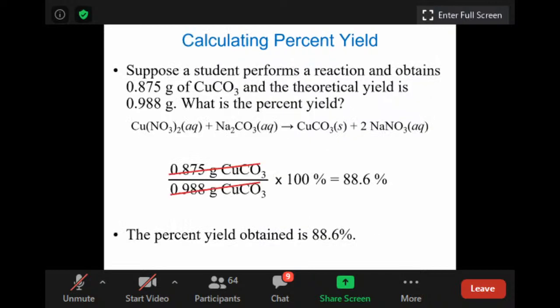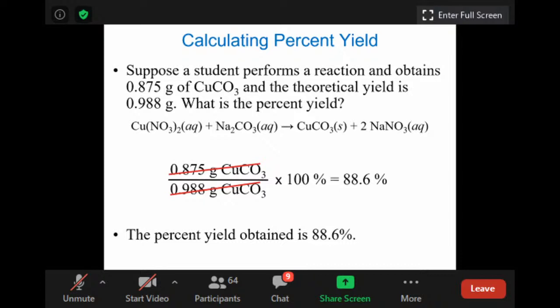All right. So here we go. Suppose a student performs a reaction like you and obtains 0.875 grams of copper carbonate. And the theoretical yield is 0.998 grams. The theoretical yield is telling you that if you are doing a limiting reactant problem, that number will be 0.998 grams. What is the percent yield?